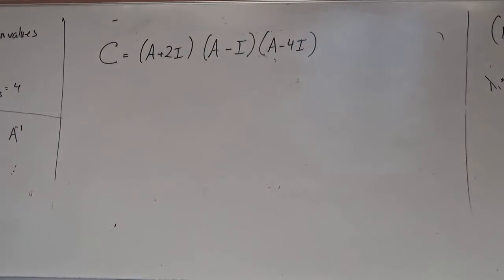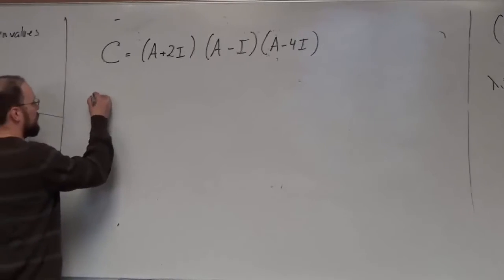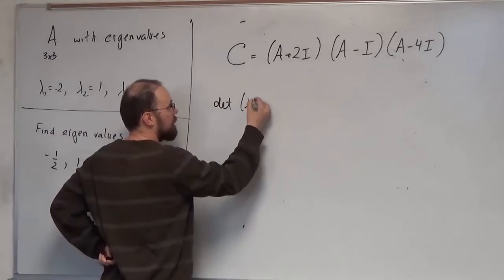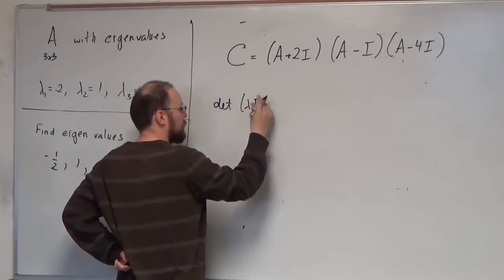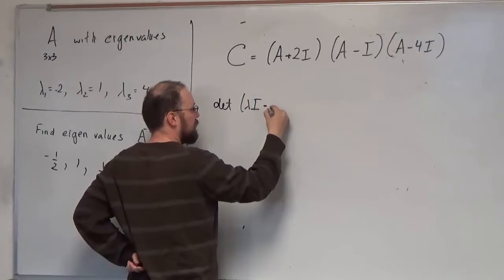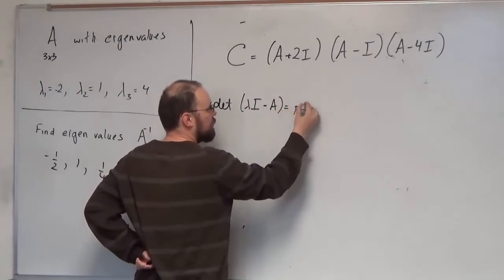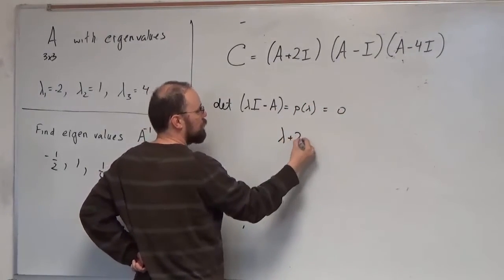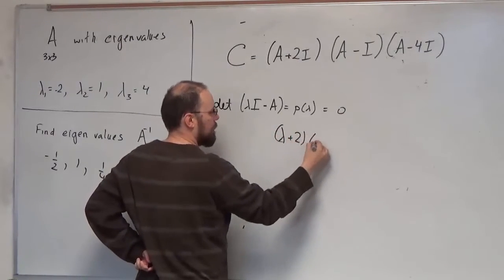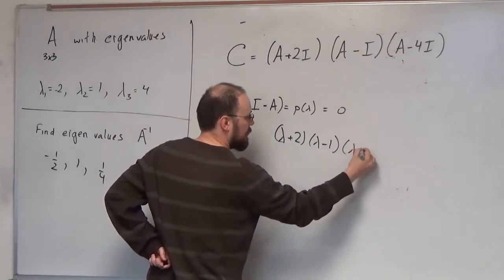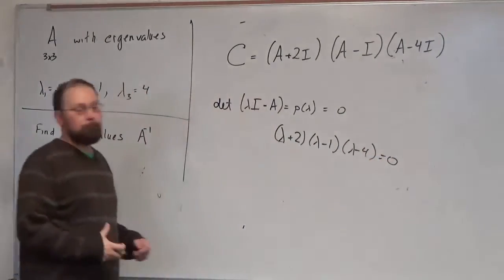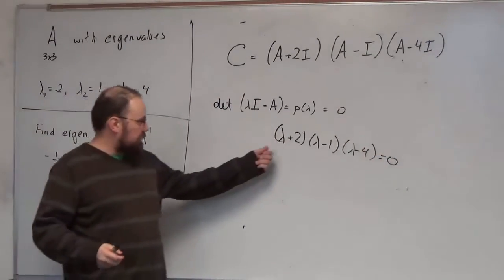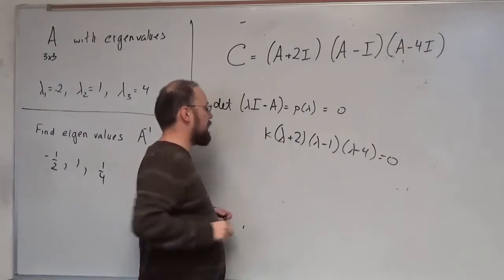I'm just using the eigenvalues, like if I were to write out the characteristic polynomial for this matrix, the determinant of lambda I minus A, it's some polynomial, set it equal to 0, I would get the following: lambda plus 2, lambda minus 1, lambda minus 4, and possibly some constant here I forget.